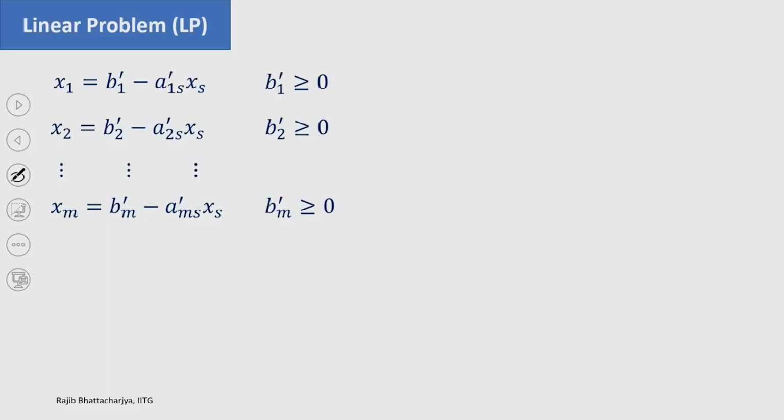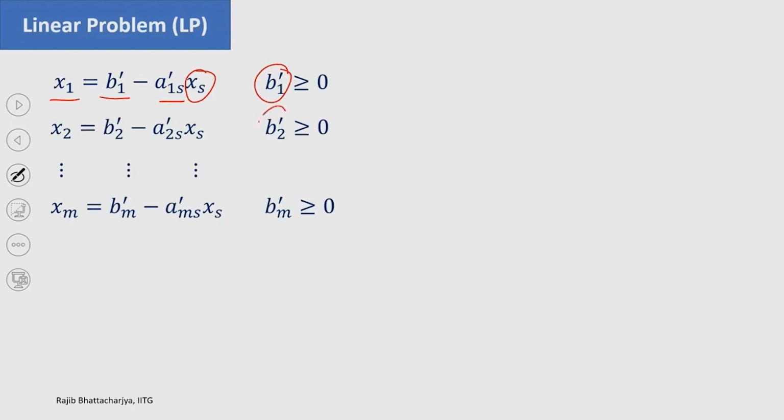Say this is a non-basic variable and I would like to make it a basic variable. So, from this equation I will get x1 equal to b1 dash minus a1s dash xs. Here b1 dash is positive because it has to be a feasible solution.